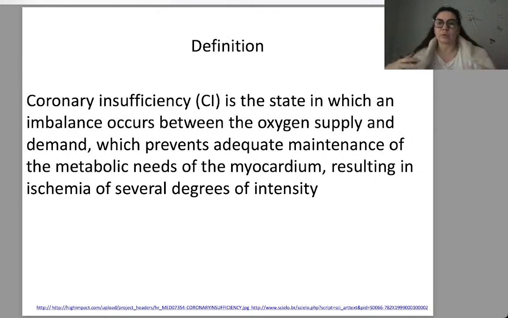But this normal blood flow is not enough for this demand, and it leads to coronary insufficiency too, and this case can lead to this diagnosis and clinical picture too. That's why it is very important that you understand that it is an imbalance between oxygen supply and oxygen demand.